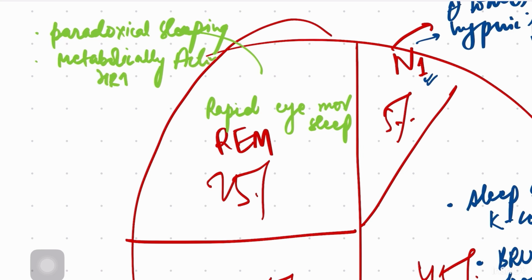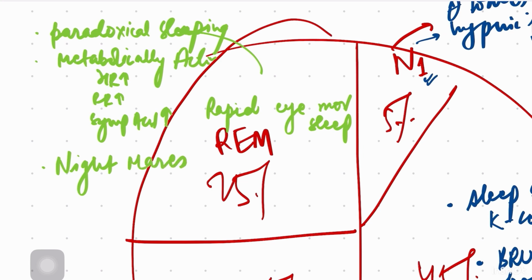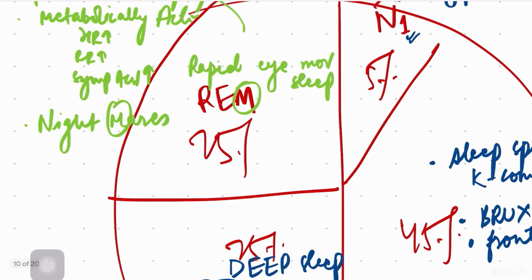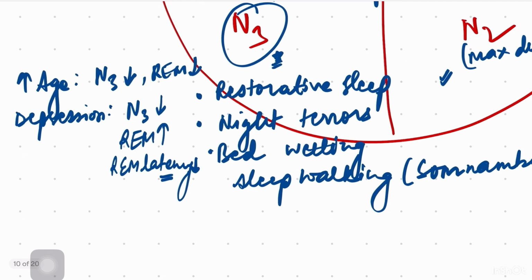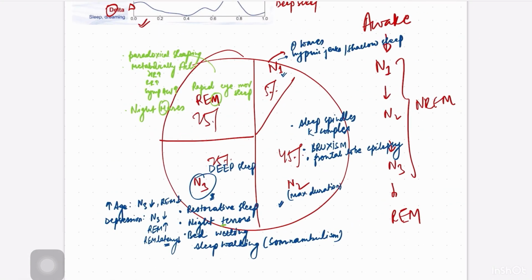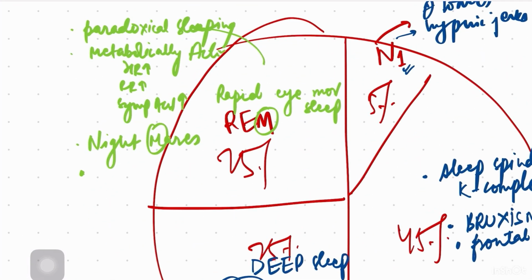Your heart rate would be increased, respiratory rate, sympathetic activity, everything would be increased. You will have nightmares. Okay, REM nightmares, and here night terrors was there, okay. Then you will also have dreams which you will remember.